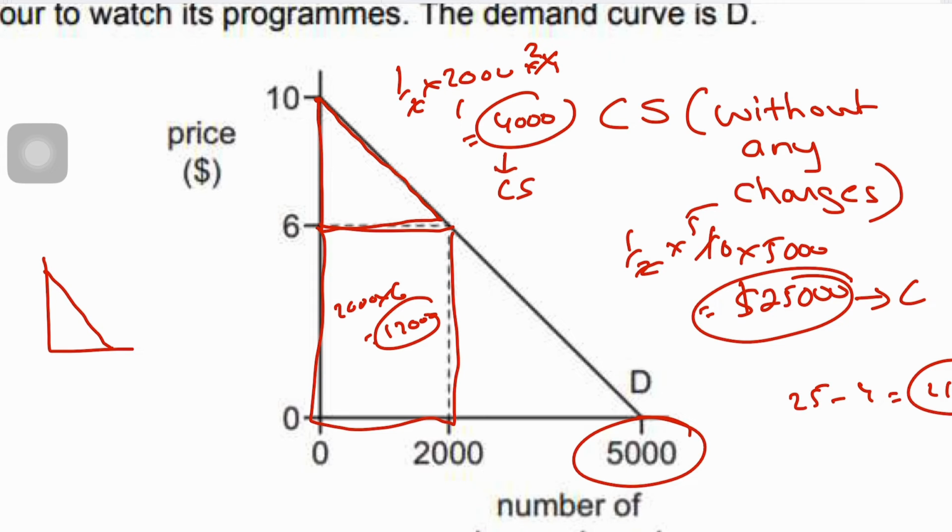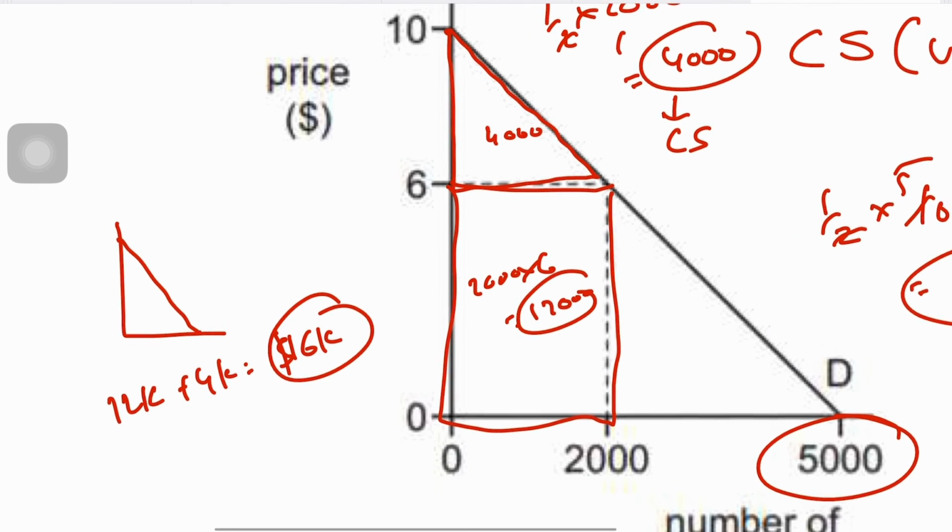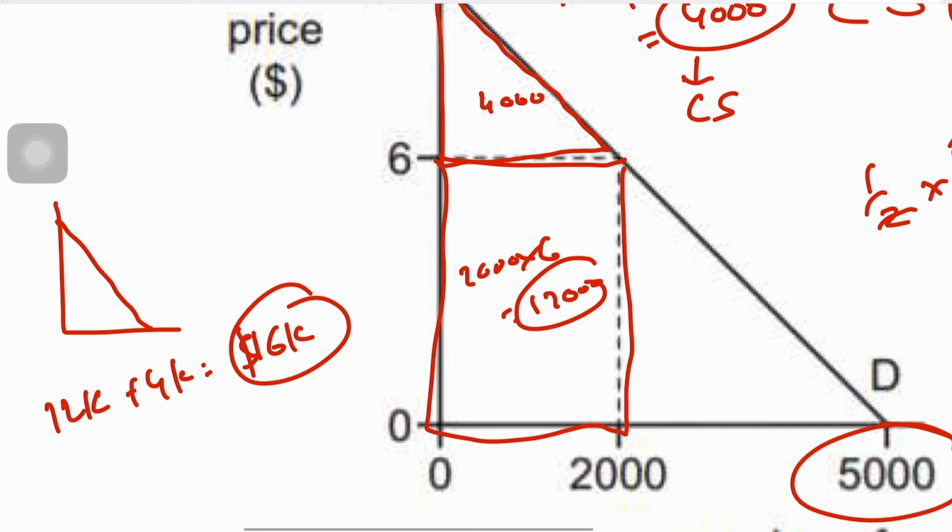Sorry, 12,000 plus 4,000, that is 16,000, is your total satisfaction that you're gaining in terms of monetary value by watching 2,000 hours of television, right? Or taking this service. But you end up paying how much? You're willing to pay 16,000 because that's your total satisfaction, but you end up paying only 12,000, which is your total expenditure, price times quantity, right?